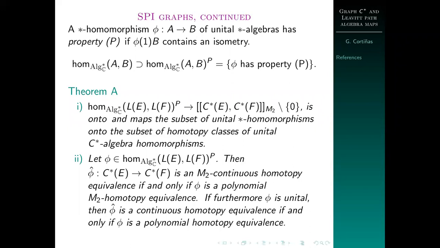Okay, so I told you how theorem B is related to theorem A, and how it leads to the introduction of M2 homotopy. And I now would like to give you an idea of the proofs of these theorems.